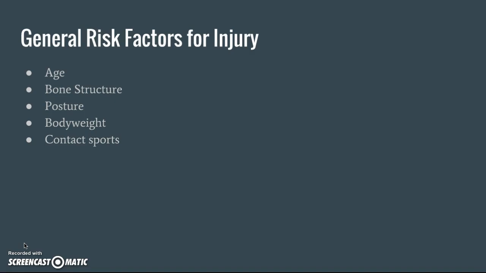Age, usually as you get older, your bone density decreases, you can be set up for more fractures and things like that. Posture, whether or not you have flat feet, toe out, all sorts of different things, those can all set you up for injuries when you're running, when you're walking.